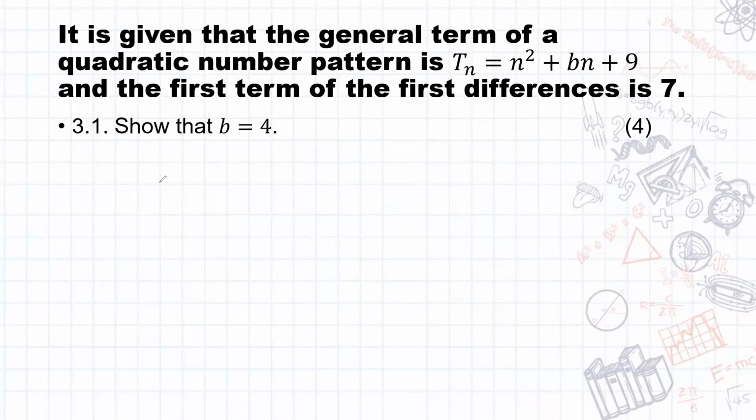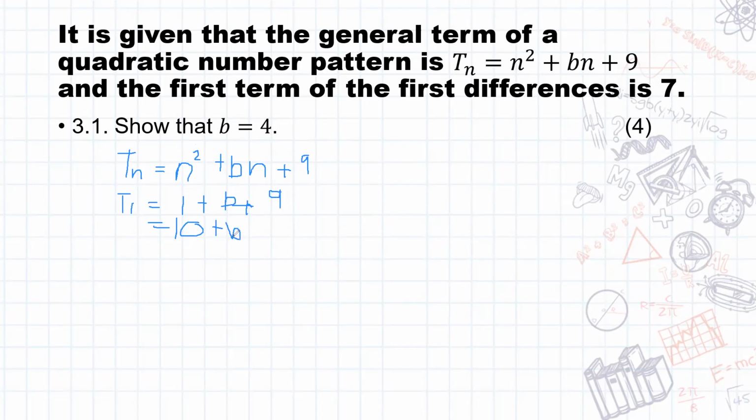So what we're going to do is write down the information that we have. We have Tn is equal to n squared plus bn plus 9. Then term 1 is equal to 1 squared, which is 1, plus b times 1, which is just b, plus 9, which if we simplify gives us 10 plus b.